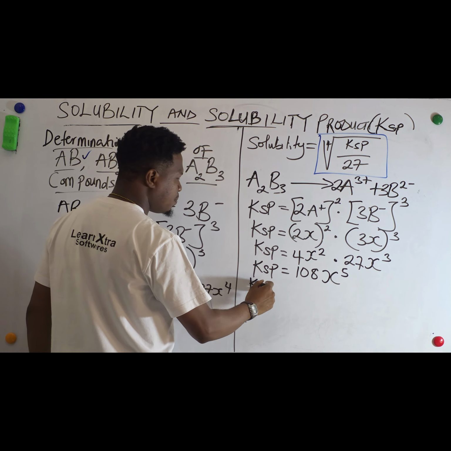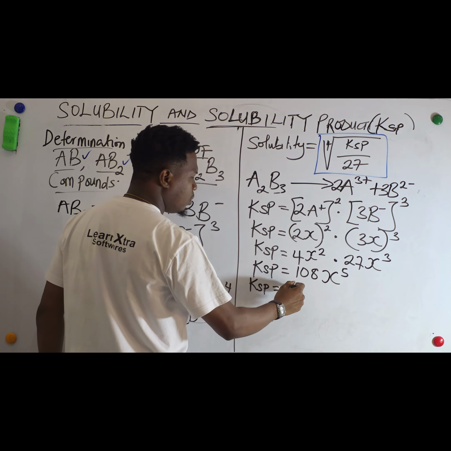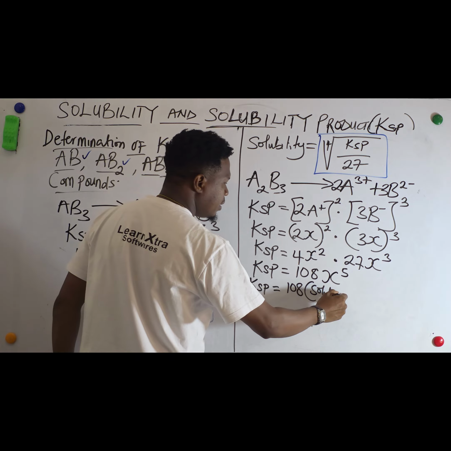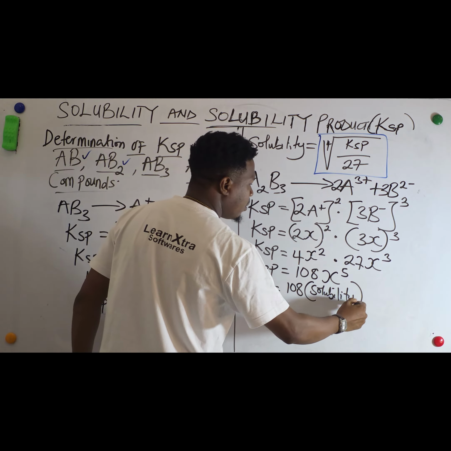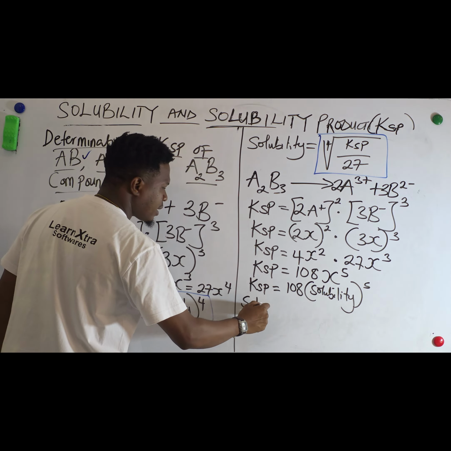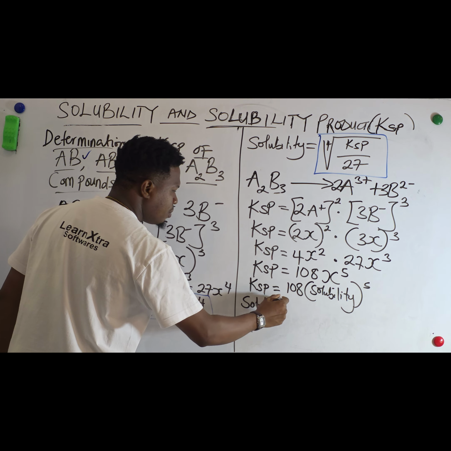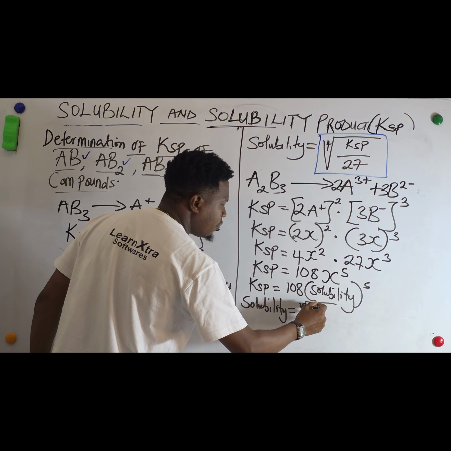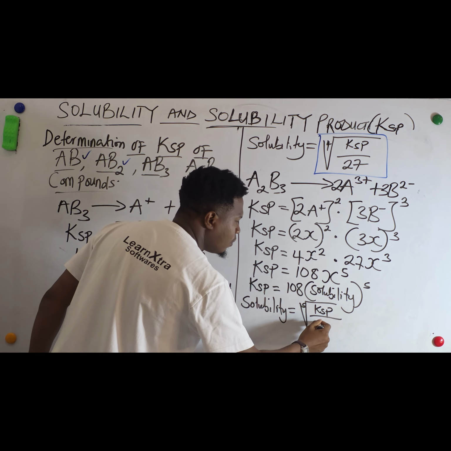So KSP is equal to 108 into solubility to the power of what? 5. Okay, making solubility the subject of the formula, it becomes the 5th root of KSP all over what?